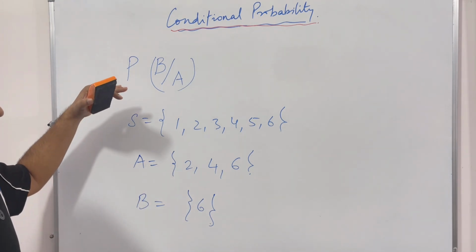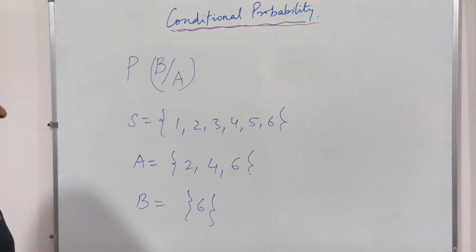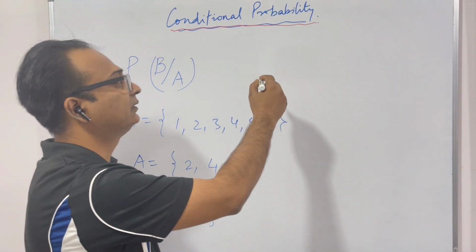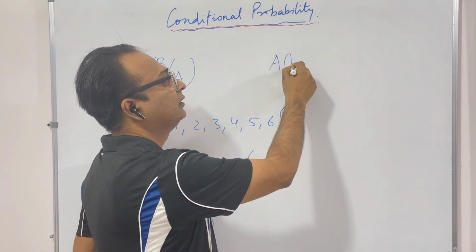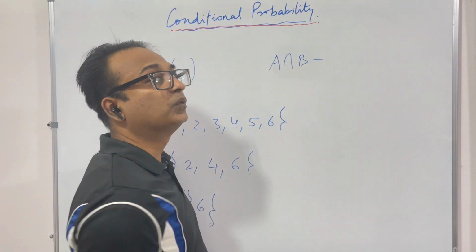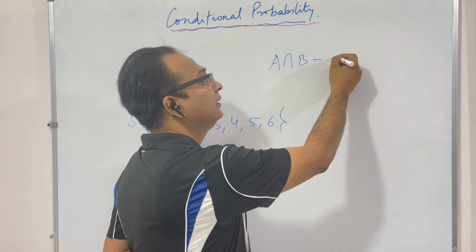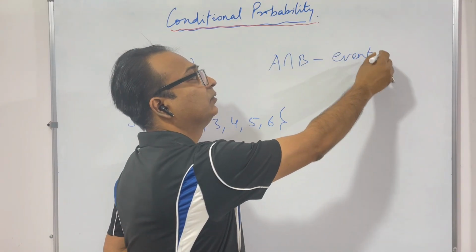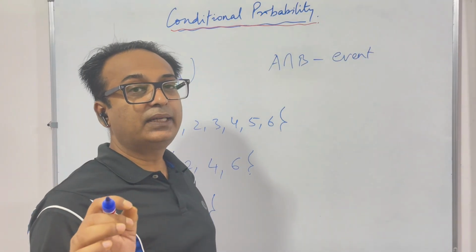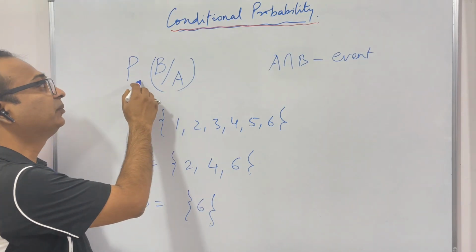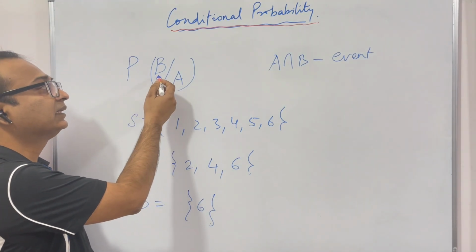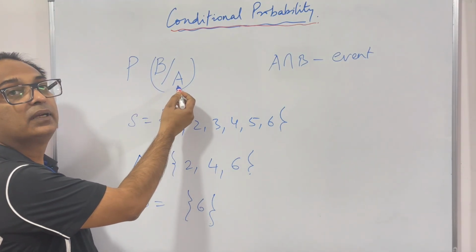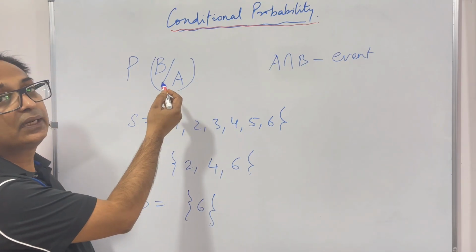Okay. In this case, A intersection B works as the event. What is the event? The event is getting a 6 when an even number has been obtained while throwing a die.